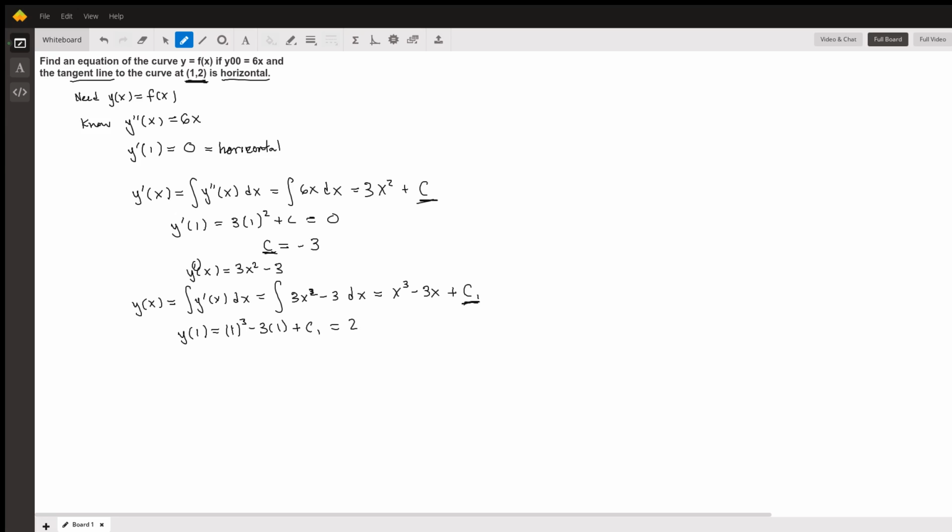So this gives us 1 minus 3, which is minus 2, plus c1 equals 2, or c1 is equal to 4. So that gives us our function. In total, y of x is equal to x cubed minus 3x plus 4.